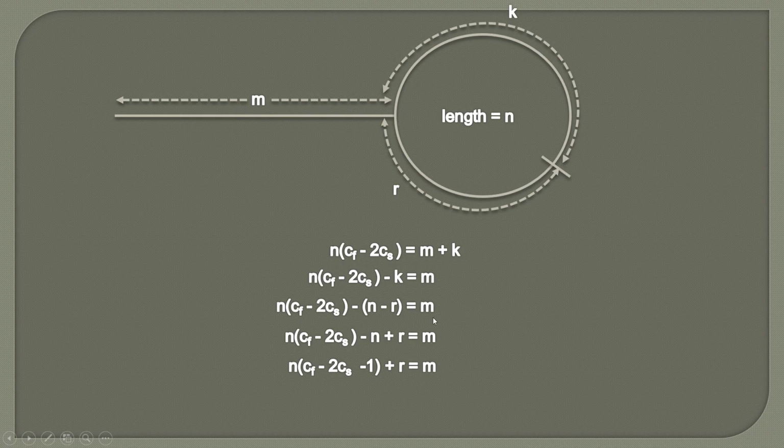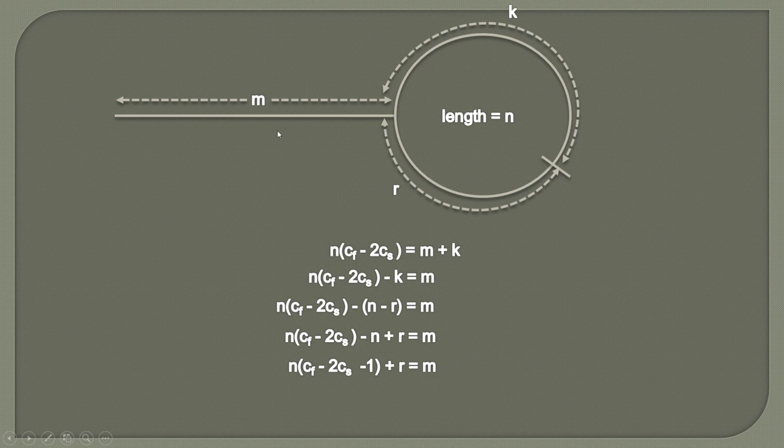So this equation is telling that if we are dividing our loop into k and r terms, and the total length of this loop is n, we simply need to prove that the slow pointer, if it is starting from here, then whatever distance it travels, it should meet the temporary node when temp has performed m steps.